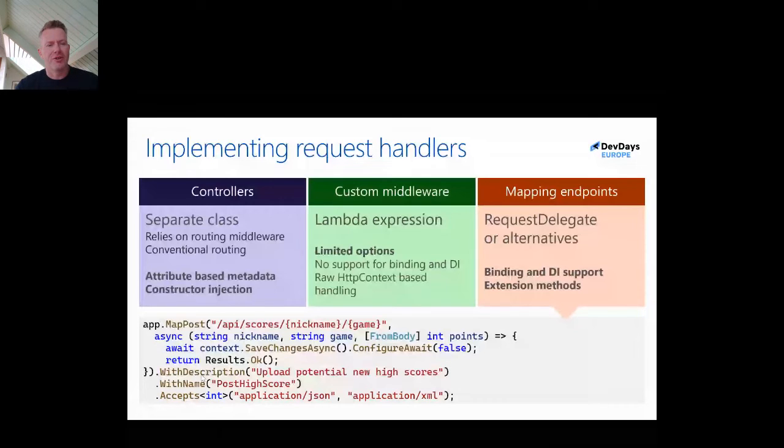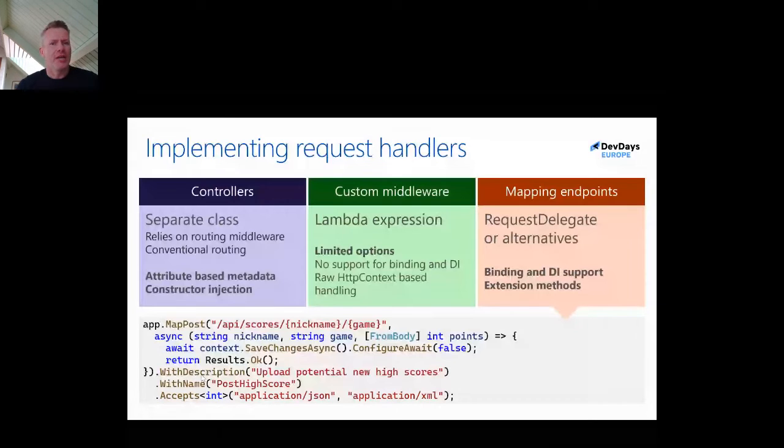So there's now all of a sudden a new overload for map post, with a subtle difference that there's not a request delegate anymore, but a delegate. Just the most basic version of a delegate function pointer that is not specific at all, which gives us all the freedom, and it makes the magic happen.